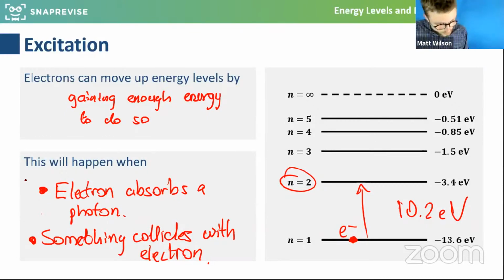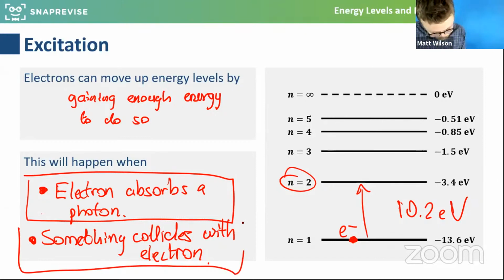Now, what's interesting is that these two processes actually behave kind of differently.